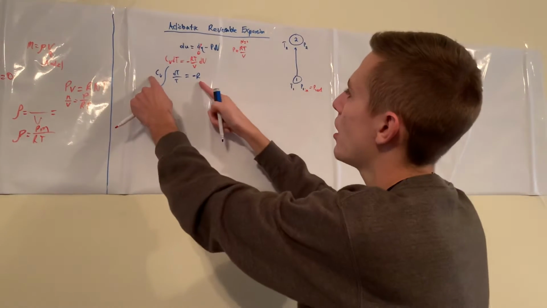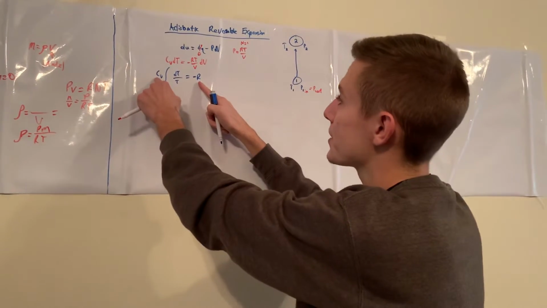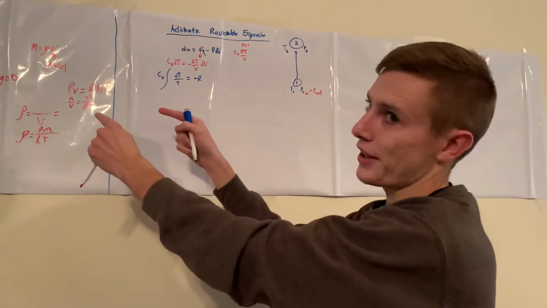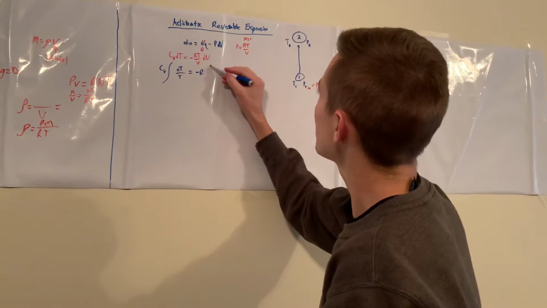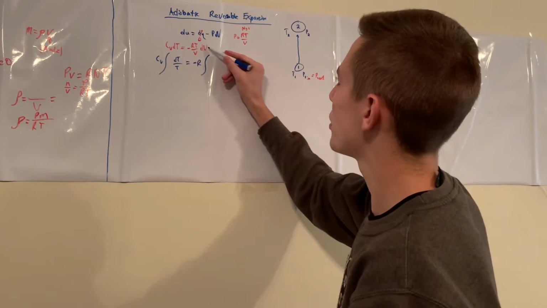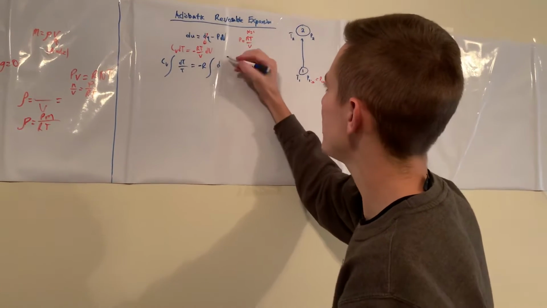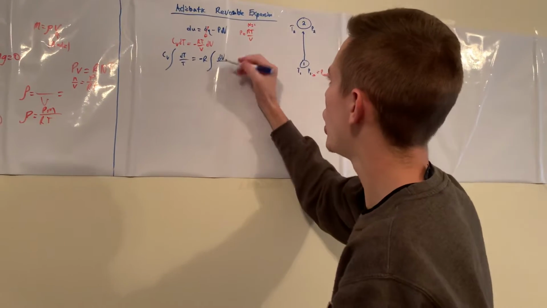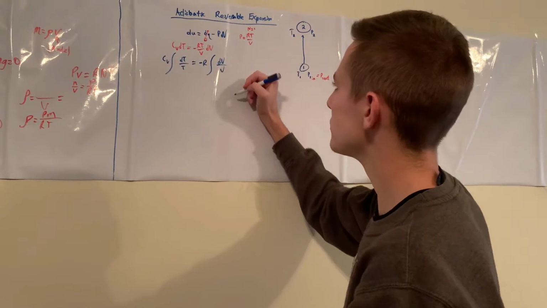Since these are both constants, we don't need to integrate them. We can just bring them outside of the integral. Since we got rid of temperature here, we can multiply dV on top, so dV over our volume. We can go ahead and start integrating.